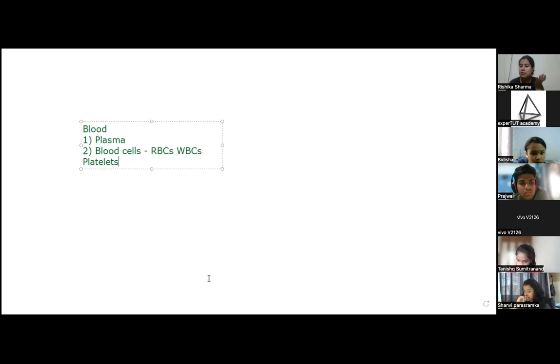Plasma might have different nutrients and different proteins like fibrinogen, but it doesn't have the blood cells. In this plasma, you have everything else like protein, nutrients, and other things except the blood cells.